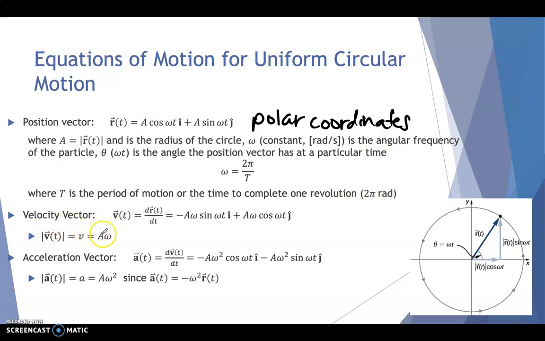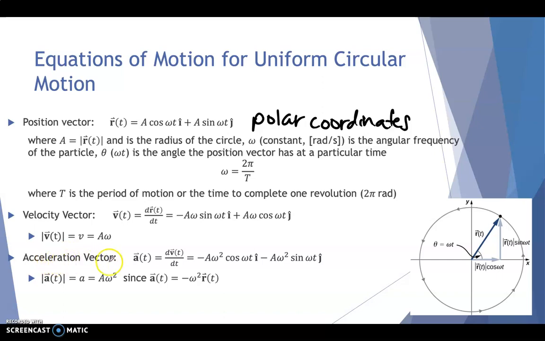The velocity vector will then be the derivative of this, okay, with respect to t. So you get negative a omega sine omega t i hat plus a omega cosine omega t j hat. Okay. Notice that the magnitude of the velocity vector is velocity, and it is a times omega. Okay. A times omega.